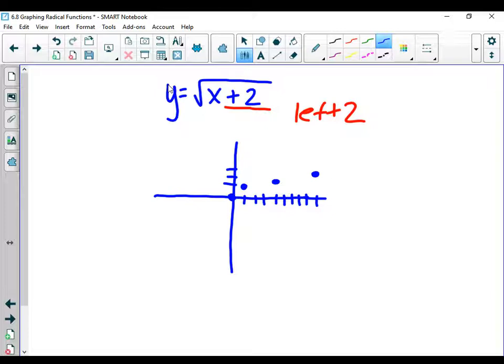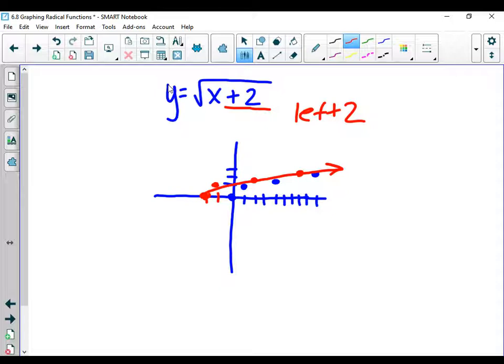Move everything to the left 2. So my whole graph just shifted to the left 2. That's why it's important just to know those basic points. Then from there, you can do any transformation they throw your way.